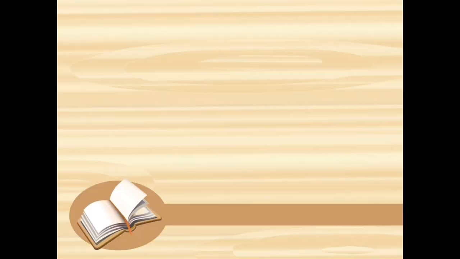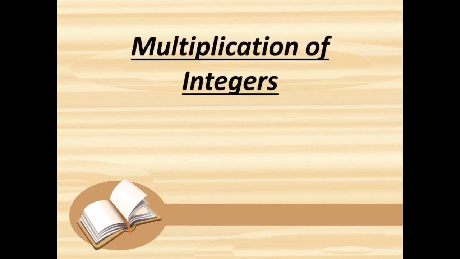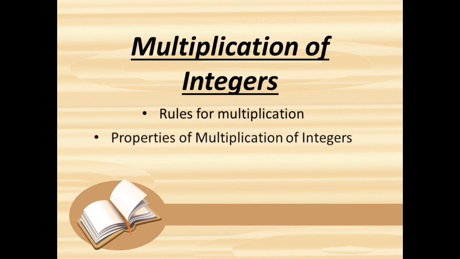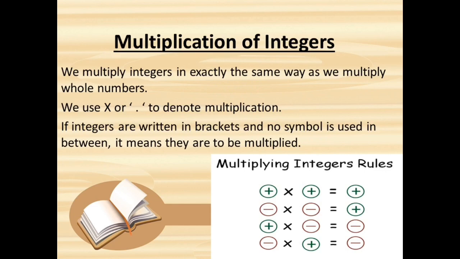Now students, in today's video, we are going to learn about the multiplication of integers, in which we learn about the rules for multiplication and properties of multiplication of integers. So let's start. Multiplication of integers.